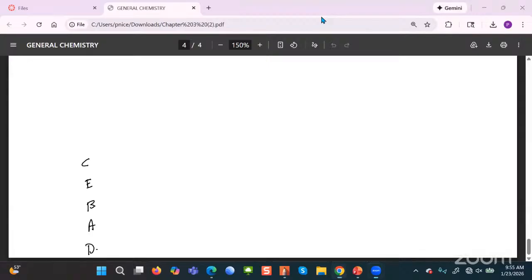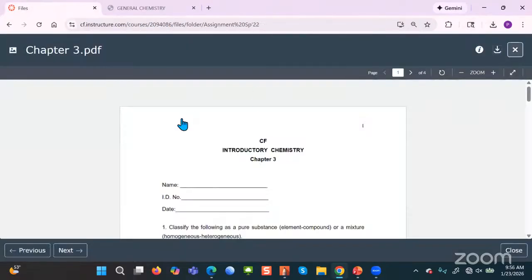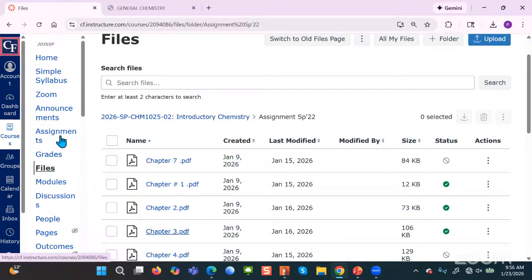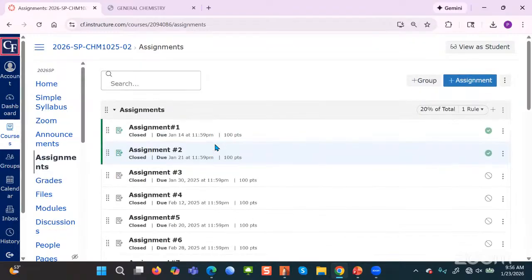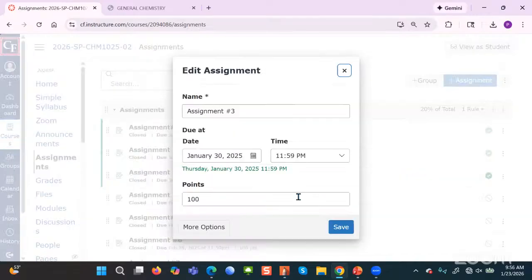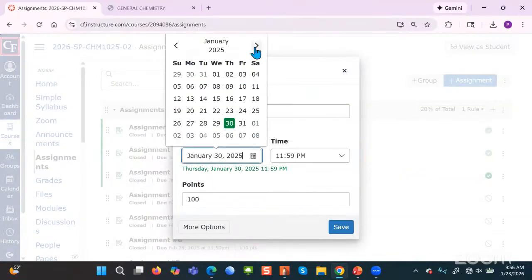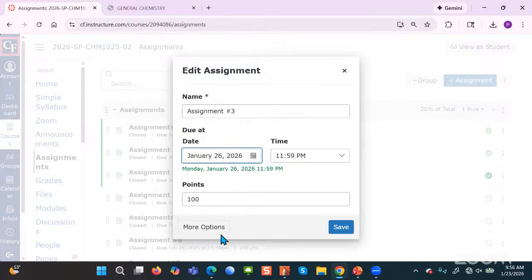So what I'm going to do right now is create a Dropbox for it. Okay, so assignment number 3. So I'm going to set a deadline for Monday for the completion of that assignment.